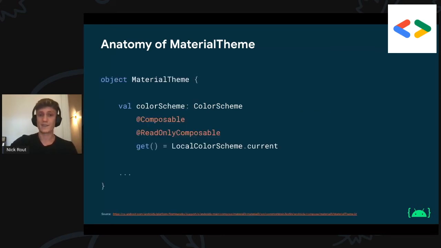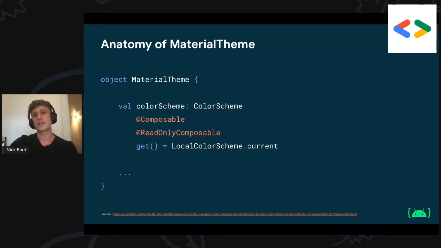All it really is, is a nicer and perhaps more idiomatic way to access theming values. If we have a look at the source code again, we can see that what the Compose Material developers have done is create an object which is named the same as our function, material theme. So we have an object material theme.